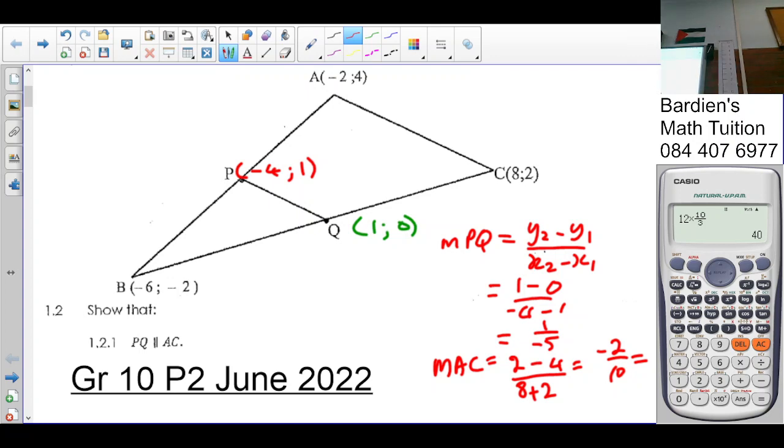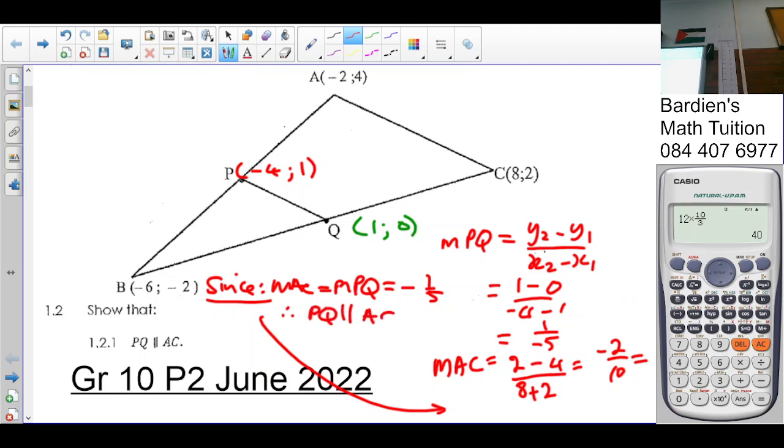Okay, so we conclude, we say since the gradient of AC is equal to the gradient of PQ, which is equal to -1 over 5, therefore PQ is parallel to AC. Okay. Remember, if lines are parallel, gradients are equal. That's going to put here the gradient is -1 over 5.